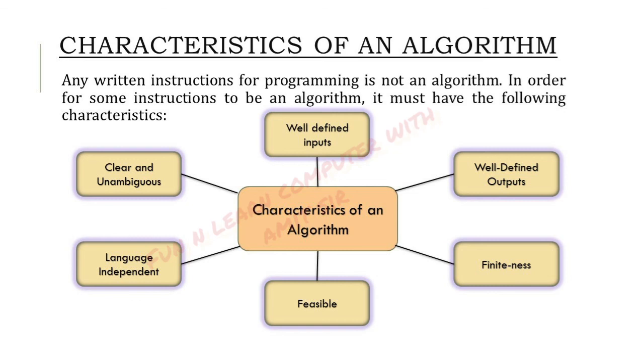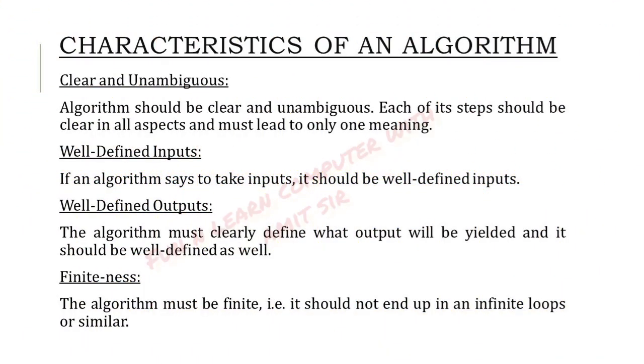Let's talk about this in brief. Clear and unambiguous. Each of its steps should be clear in all aspects and must lead to only one meaning. It should be proper and lead to only one definite result.